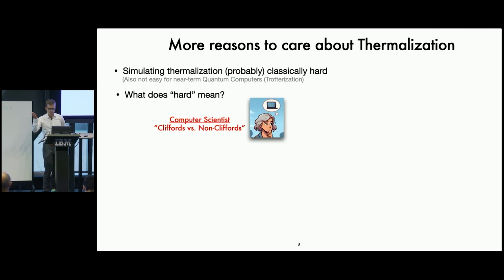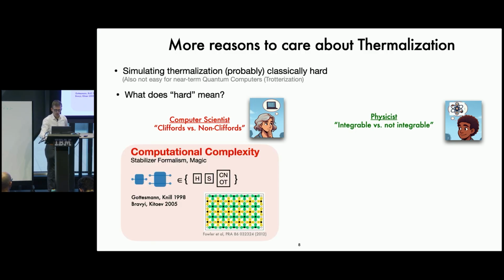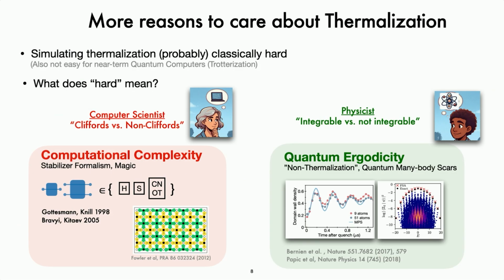For instance, if you're a computer scientist, hard usually means something like Clifford circuits versus non-Clifford circuits. If you say hard to a physicist, it's can I work this out on a piece of paper or not? So integrable versus non-integrable. The concepts here are essentially computational complexity on one hand, from the quantum information perspective, versus ergodicity, or a system not being integrable, from the physicist's perspective.